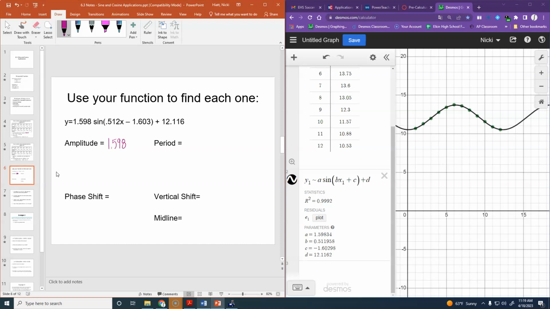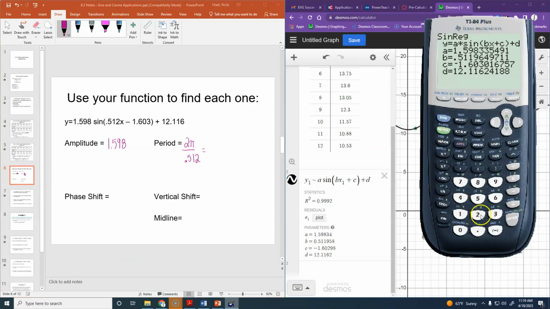If I want to know the period, I do 2 pi divided by that number in front of my x, which is 0.512. We're going to do everything in decimals here. So 2 pi divided by 0.512 gives us 12.272, if we round to 3 places.